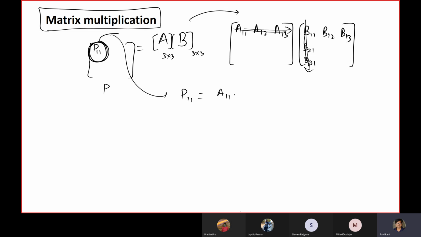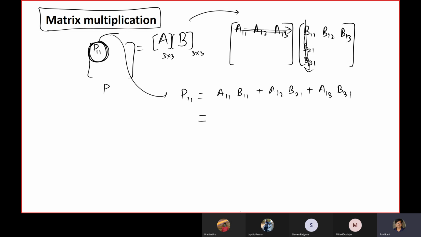So I can write a11 times b11 plus a12 times b21 plus a13 b31. Notice these coefficients and the summation sign.